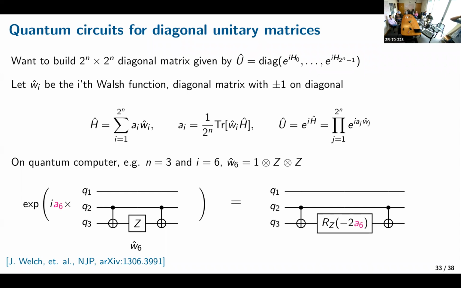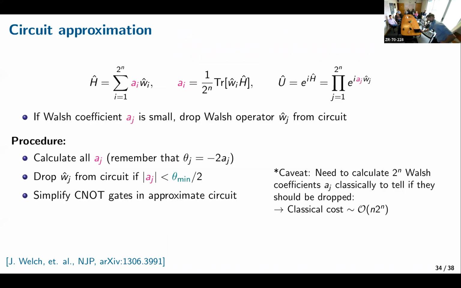But there's another nice property of this formalism in that it allows for a very natural way to approximate a quantum circuit if you don't need a perfect implementation. Again, you can think of these as having the same properties as a Fourier series.